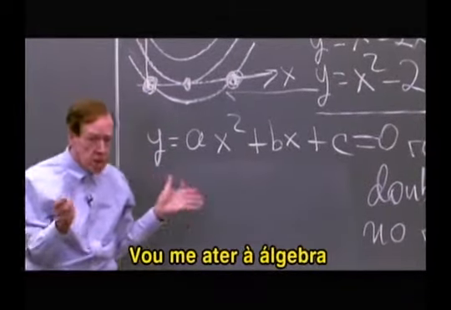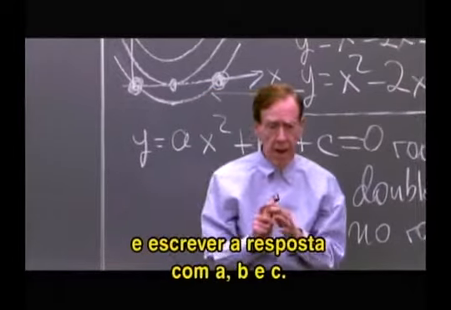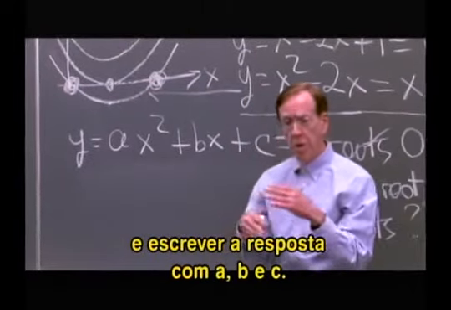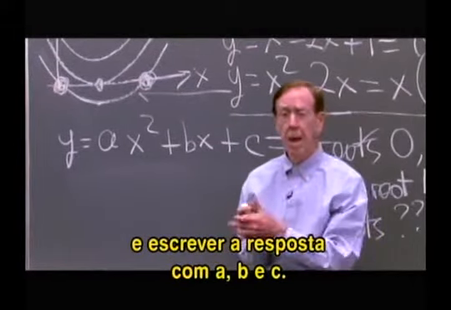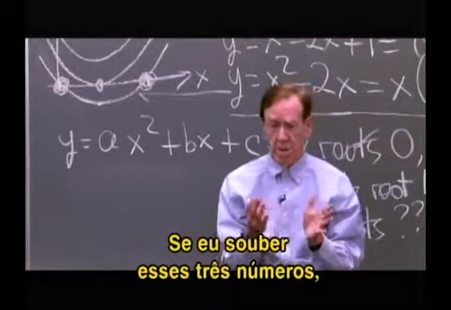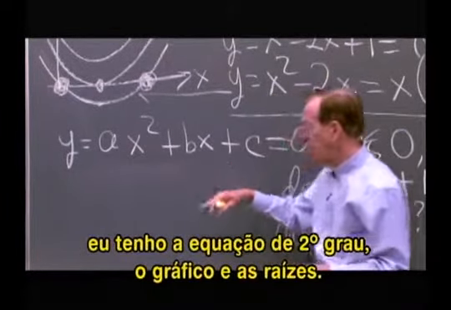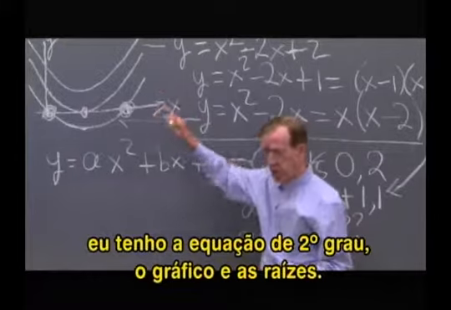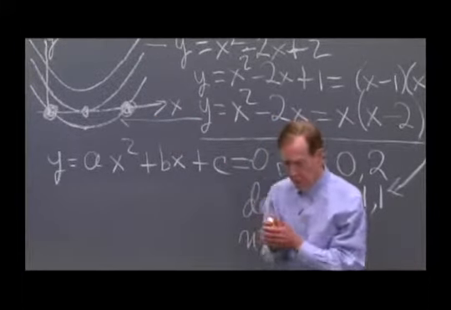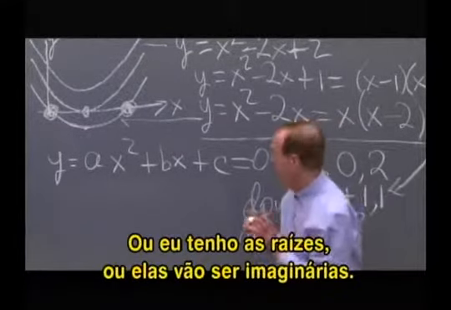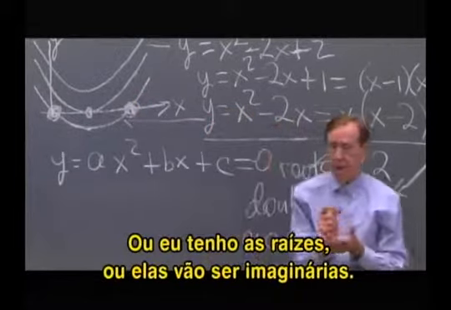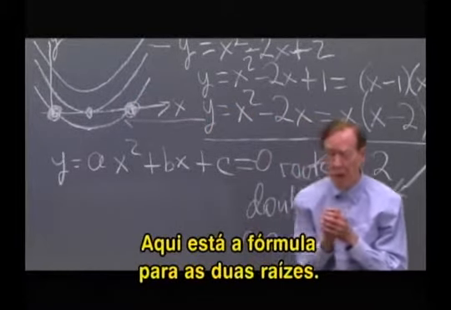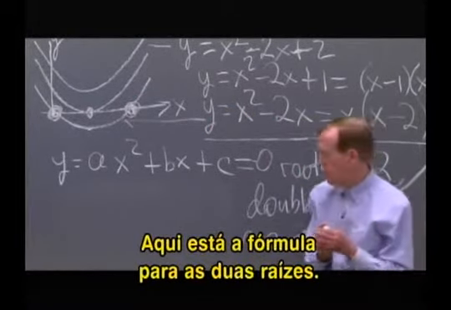And I'm going to stay with algebra for a minute and write the answer in terms of A and B and C. Because if I know those three numbers, then I've got the quadratic, I've got a picture, I've got the roots. Only either I've got them or they're somehow imaginary. But here's the formula for the two roots.